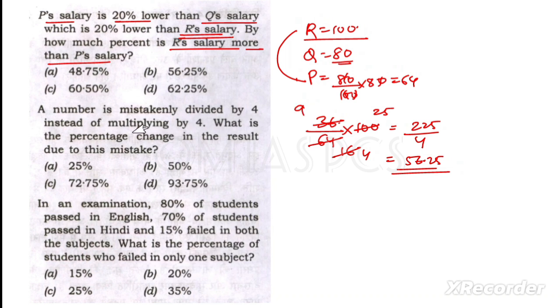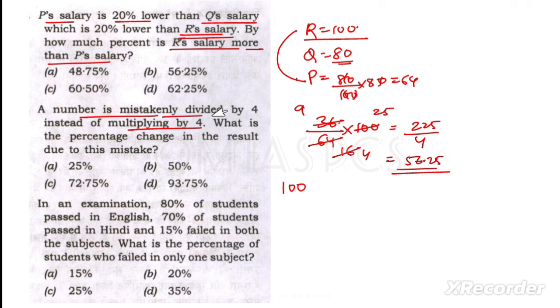So next question is: a number is mistakenly divided by 4 instead of multiplying by 4. What is the percentage change in the result due to this mistake? The previous question was about the change in salary. Here again the same concept, about the change in the result. So you have to apply the same formula but a different approach. Let's say the number is 100.